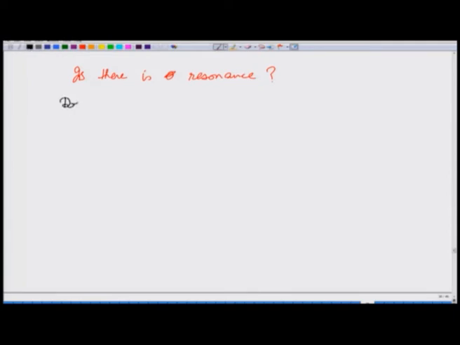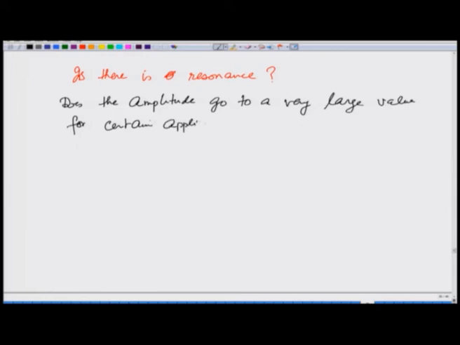Does the amplitude go to a very large value for a certain applied frequency?